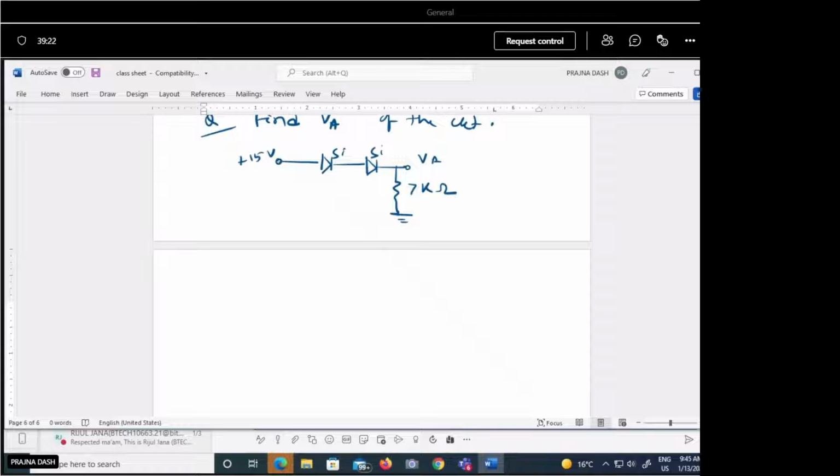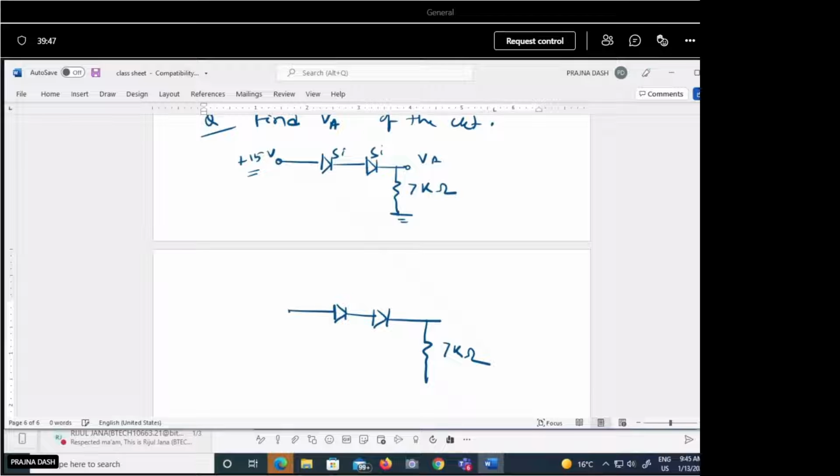Whenever one terminal is given and one voltage is written, it means it is also a closed loop. It is just appearing as an open loop, but it is a closed loop. When the notation plus 15 volt is given, that means the circuit is like this. This is the diode, and this is the 7 kilo ohm resistor.